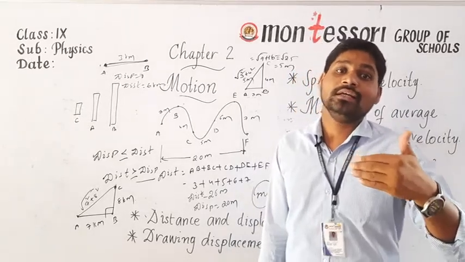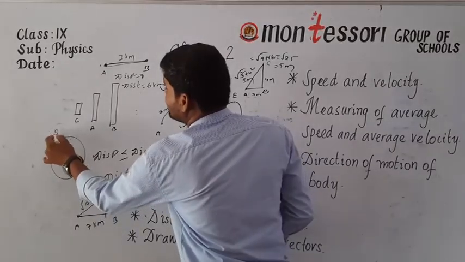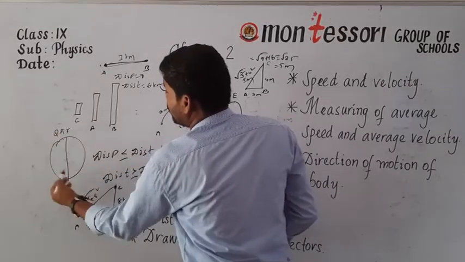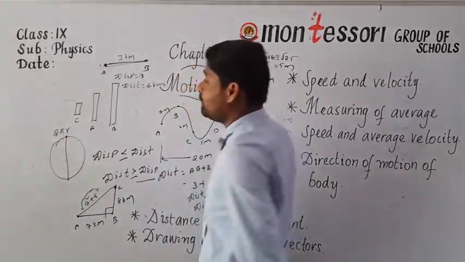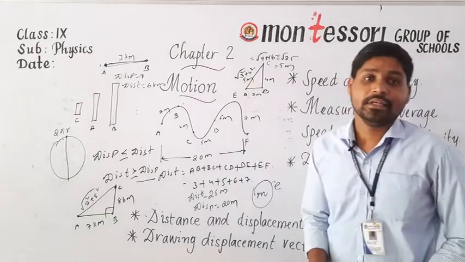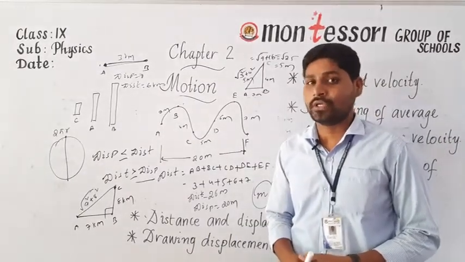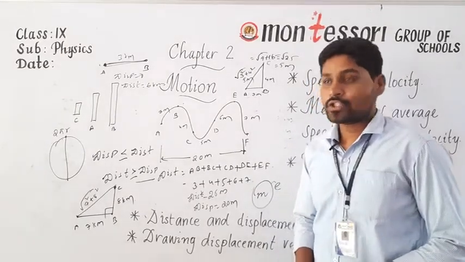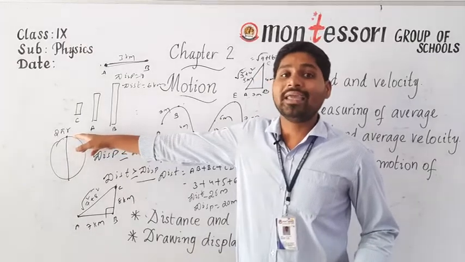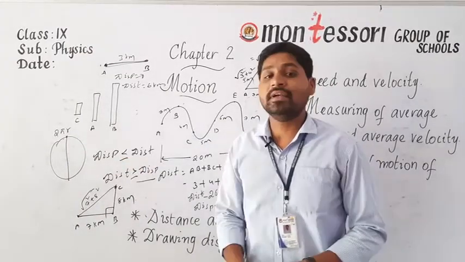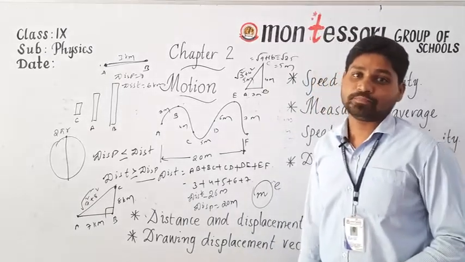The total distance is the perimeter of the circle, that is equal to 2 pi r, and the total displacement is 0, because here both the starting point and the final point coincide. So the total displacement is 0, but distance never becomes 0 here.